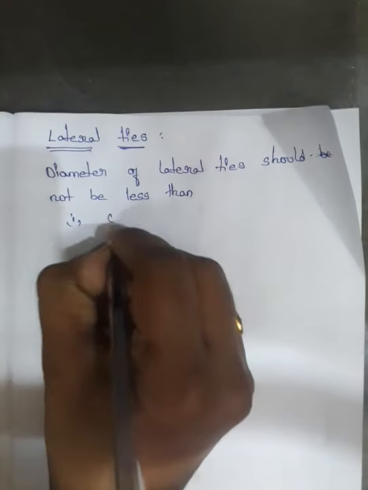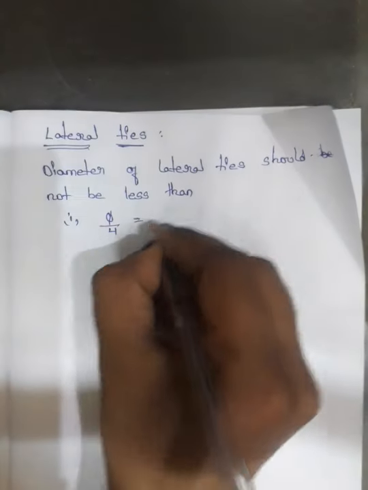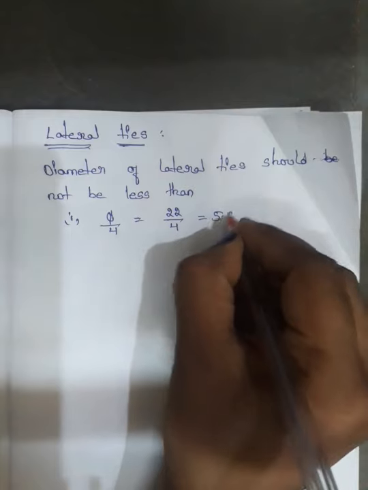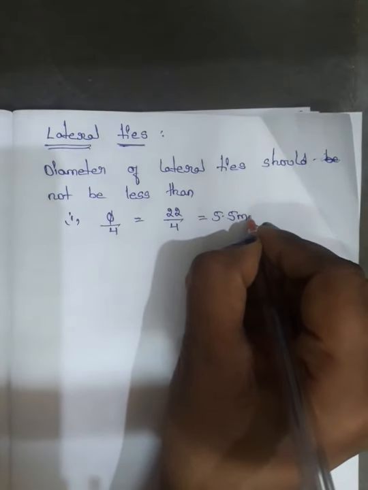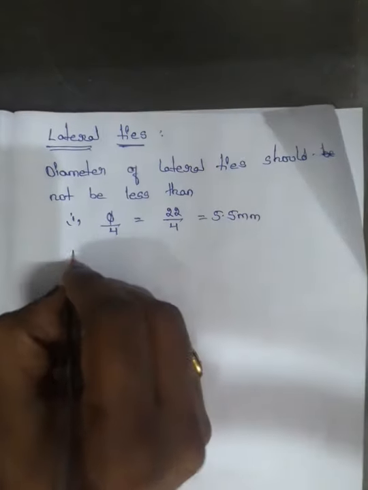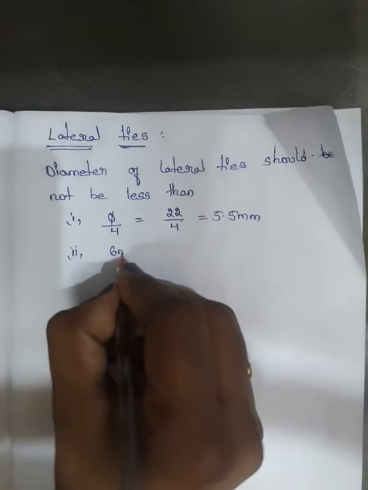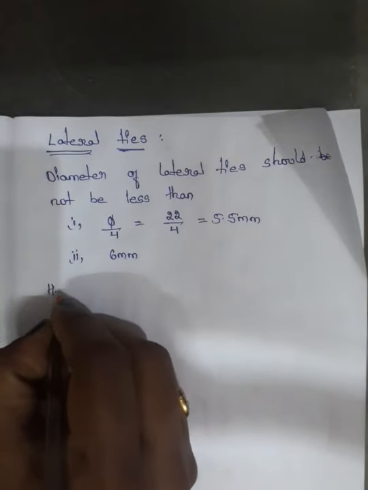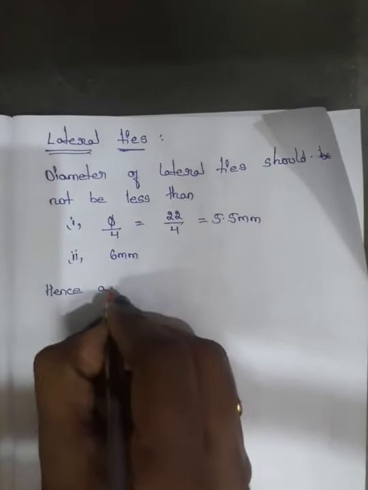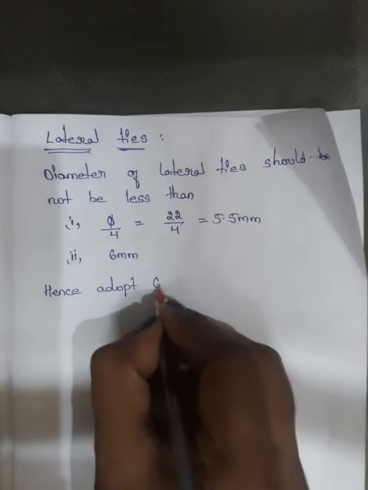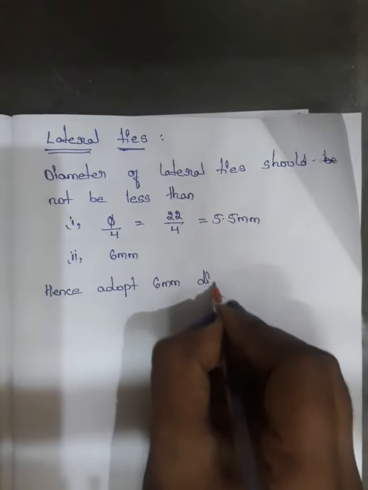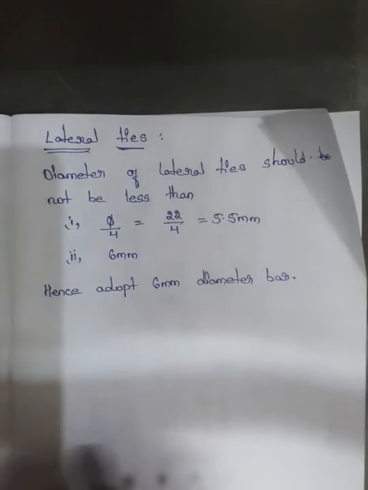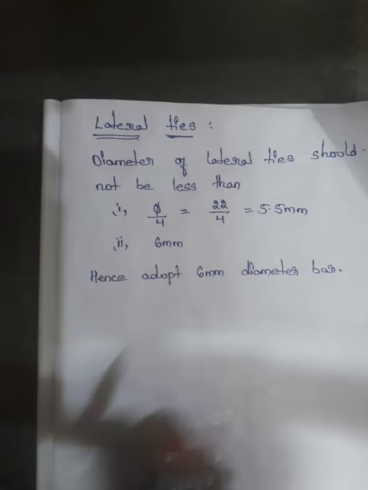The first one is dia by 4. What is our diameter? 22. So 22 by 4 is equal to 5.5 mm, right? The second consideration is 6 mm. It should not be less than this. So hence adopt 6 mm diameter bars. Hence we are adopting 6 mm diameter lateral ties.